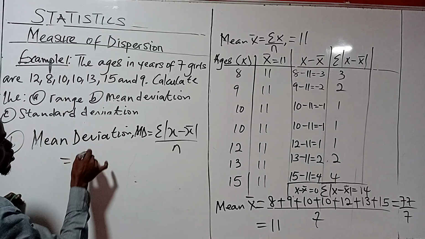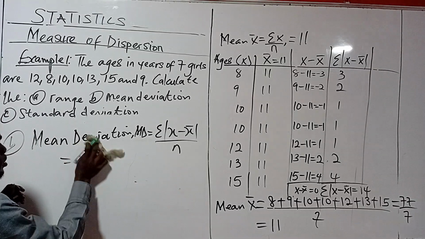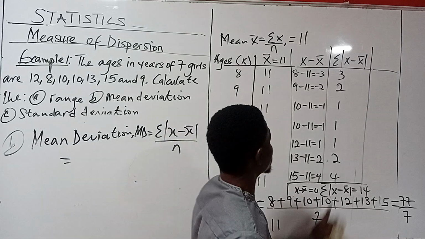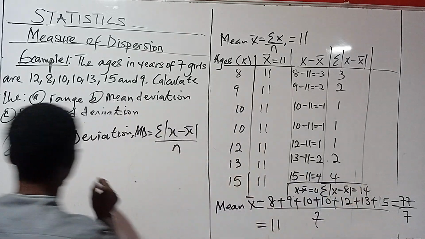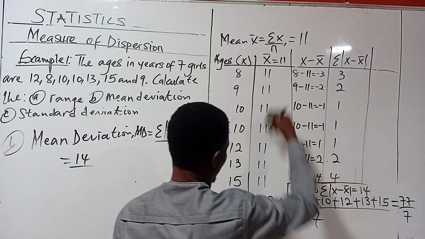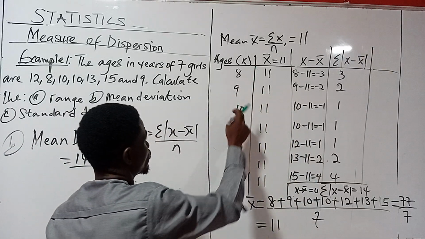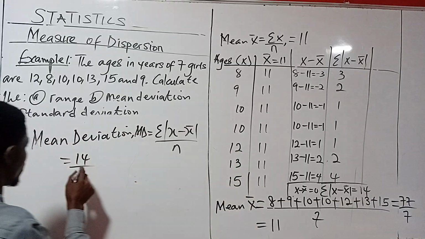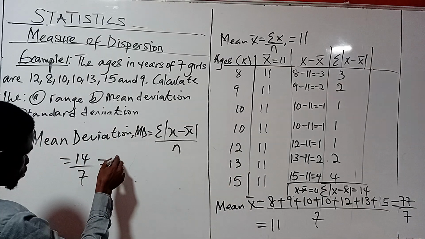So we have the summation of everything. What is everything? That is 14. Then n is what? The number of observations: 1, 2, 3, 4, 5, 6, 7. n is 7. So when you divide this, we have 2.